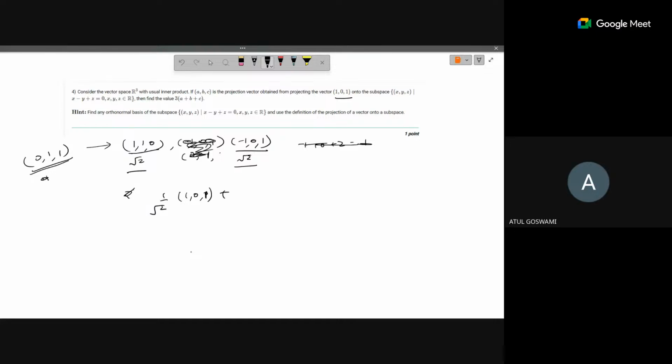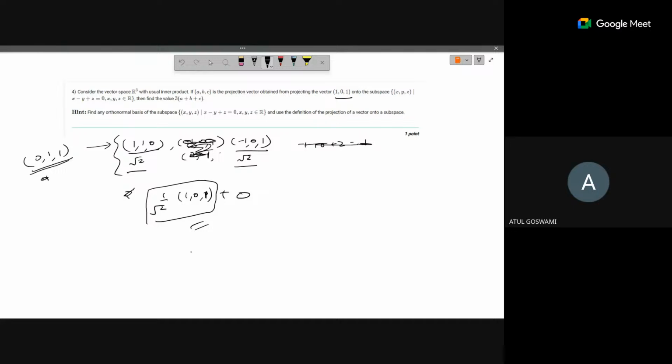This is the projection on the first basis. On the second basis, this is minus 1 by root 2 and 1 by root 2, so it is 0.